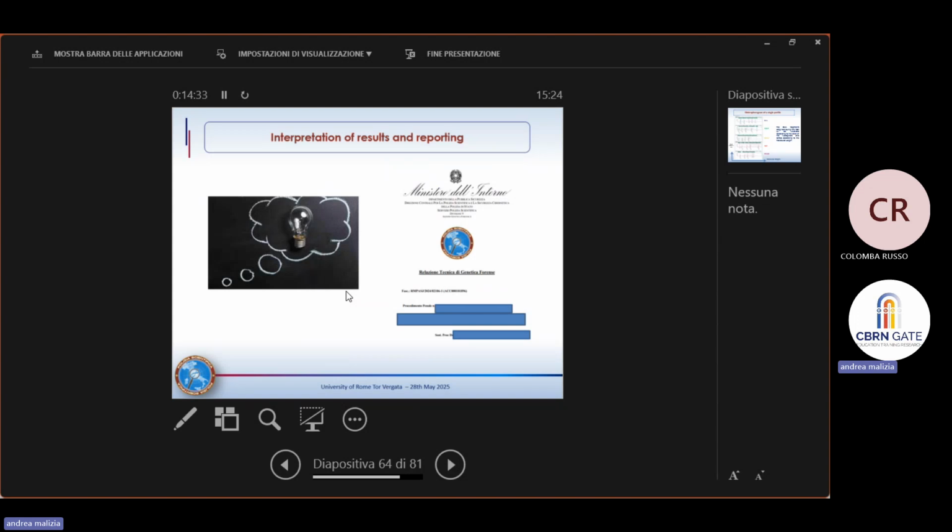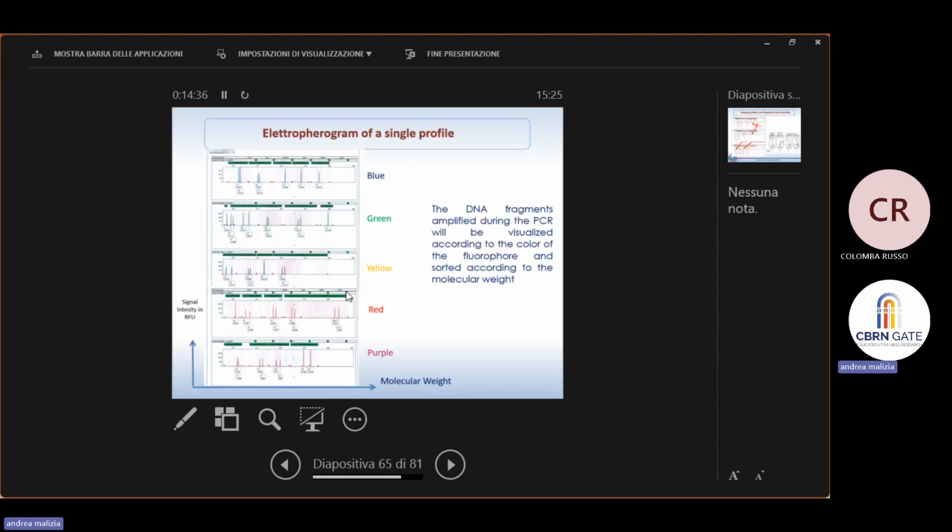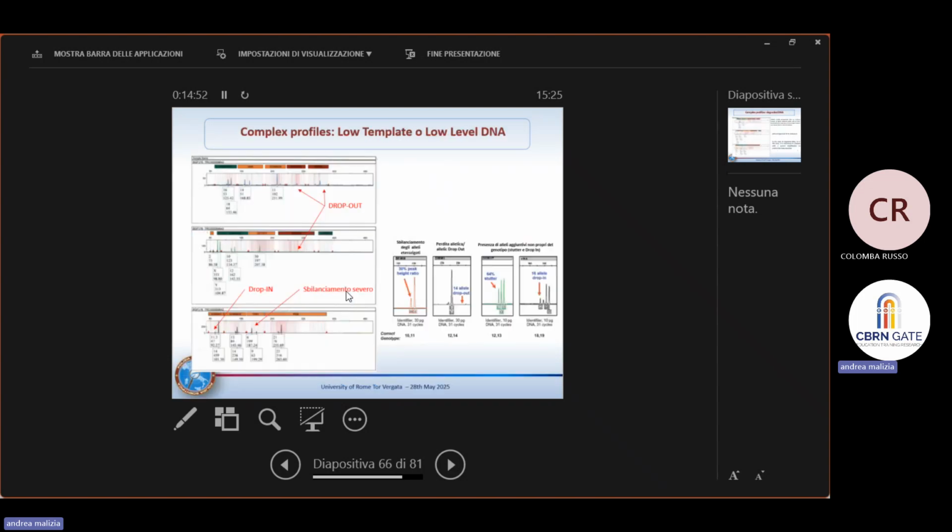Before, I showed you a single profile that is here, very clear. You have the DNA of just one person. You can find the characteristic for each marker, many markers. But what happens if the DNA is not enough? You will miss some signal.